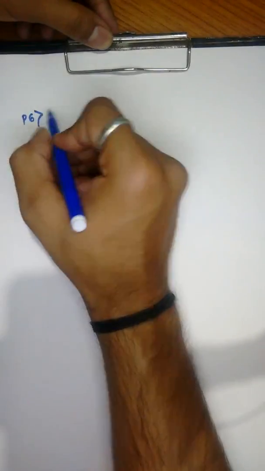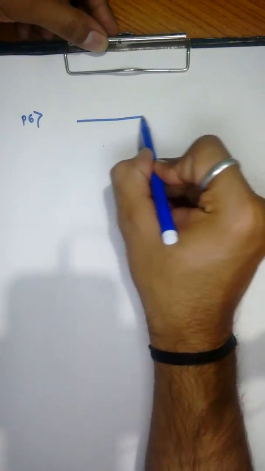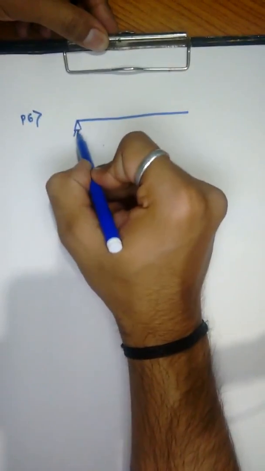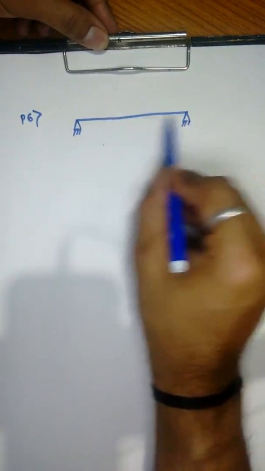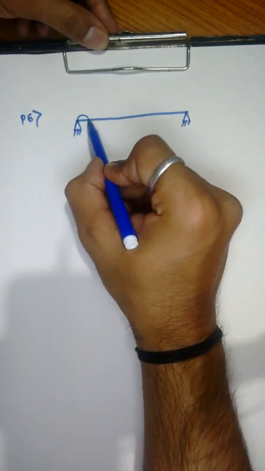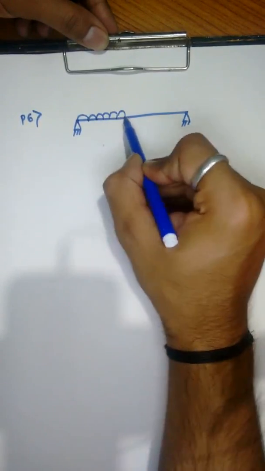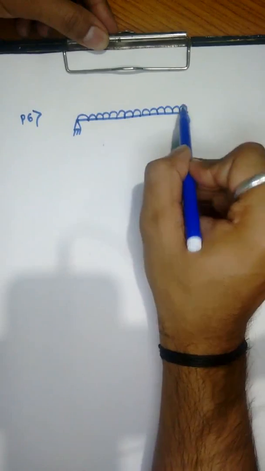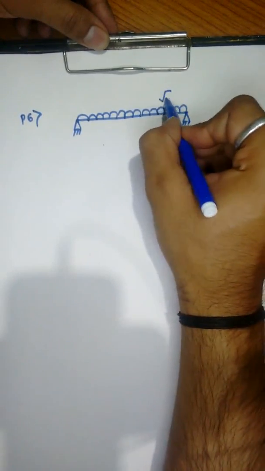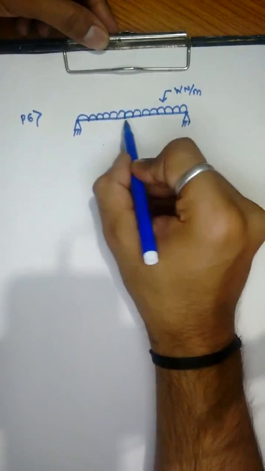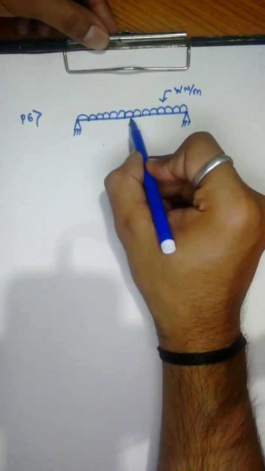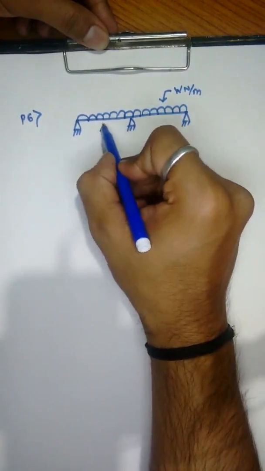In the next question, say P6, we take the example of a simply supported beam carrying a uniformly distributed load of magnitude W Newton per meter, and here we have one more support at the middle section.